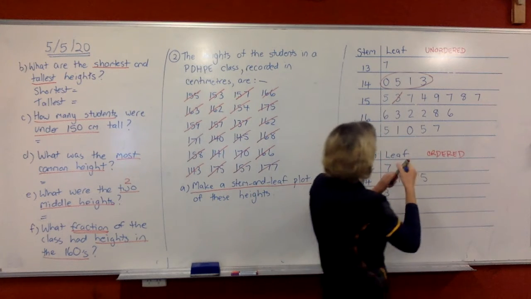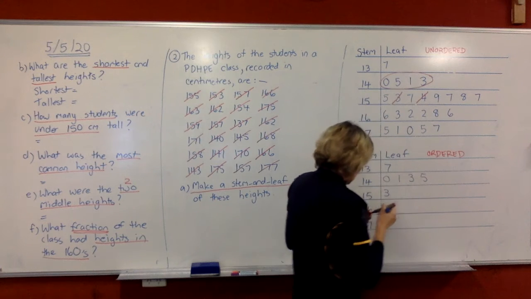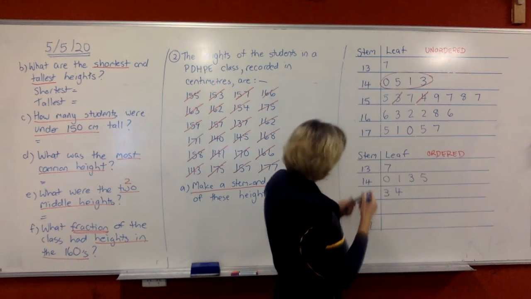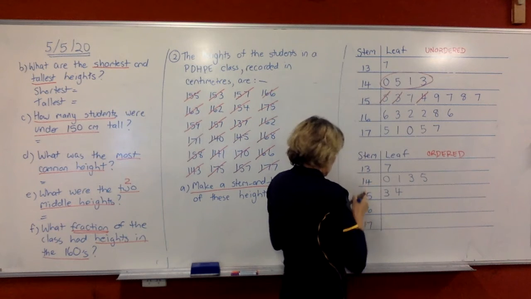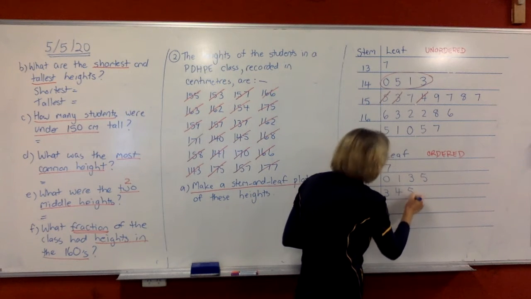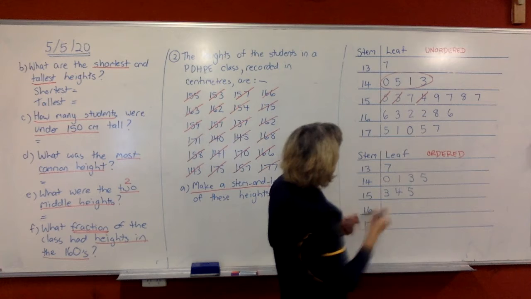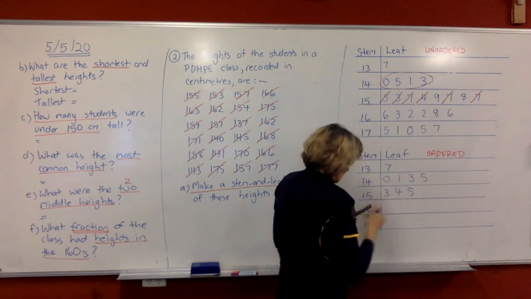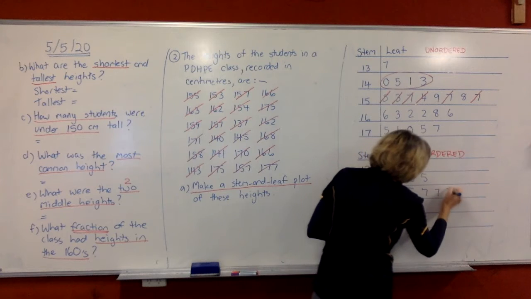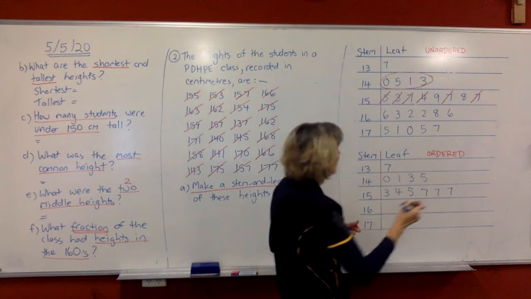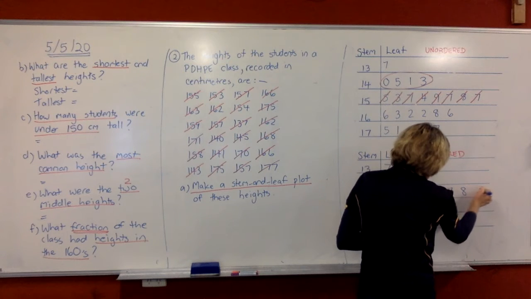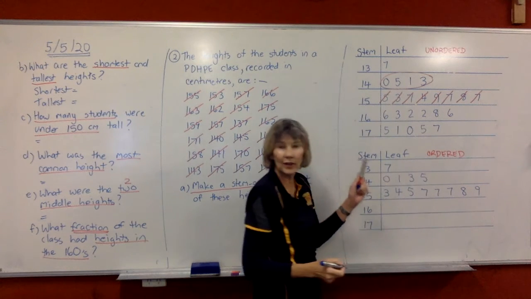Then we have a 4, then a 5. Then we have 3 7s, and we have an 8 and then a 9. Okay, so you've got to do that for each row.